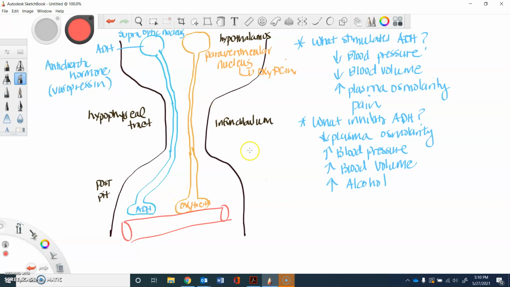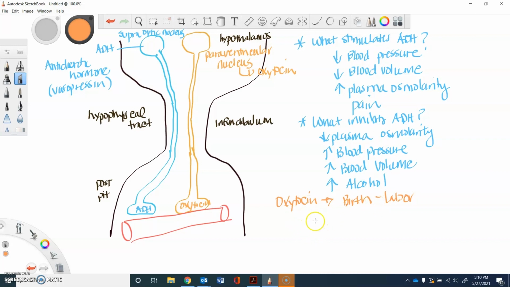Okay, so what does oxytocin do? So what stimulates oxytocin? Well, birth, right? So labor. Oxytocin stimulates labor contractions. So when it's time for baby to come and baby starts pressing his head against the cervix, that stimulates hypothalamus to secrete oxytocin to cause those contractions of the uterus.